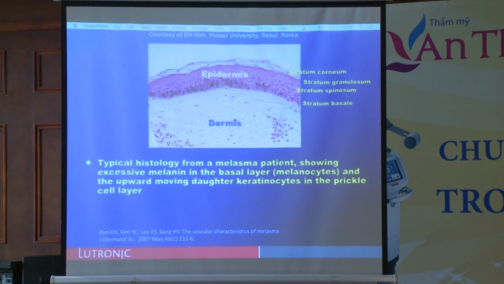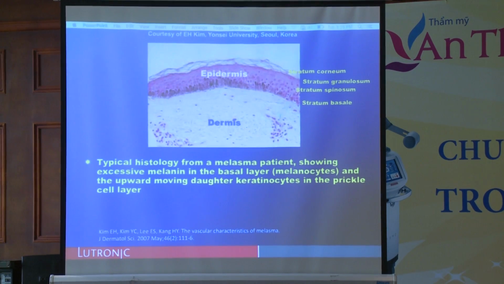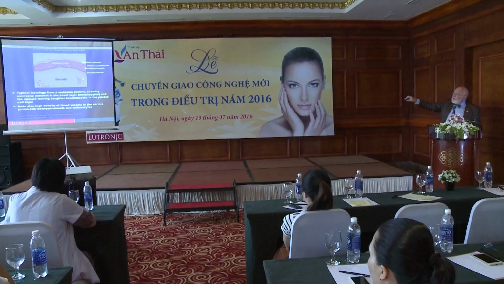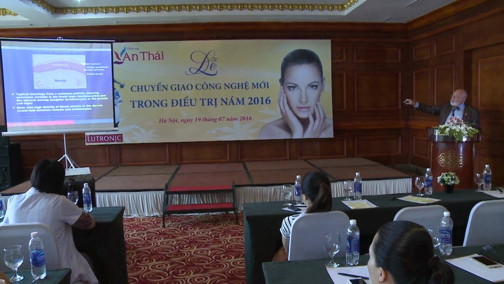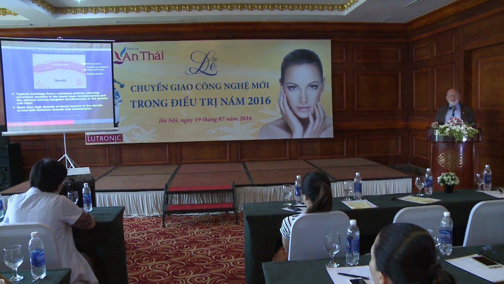It is not only melanin pigment, it is a problem with blood vessels as well. Because we have found that these blood vessels talk to the melanocytes and the skin to produce more melanin. So it's not just a melanin problem, it's also sometimes a problem with a vascular component.